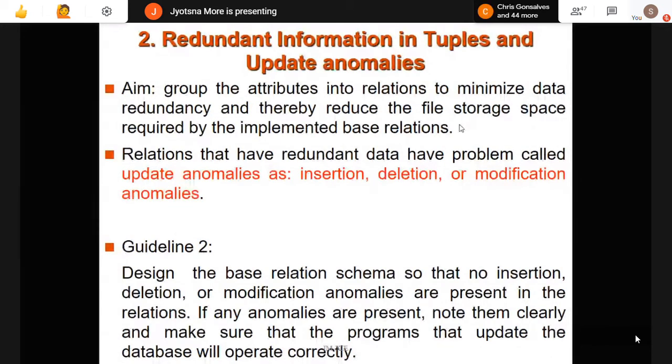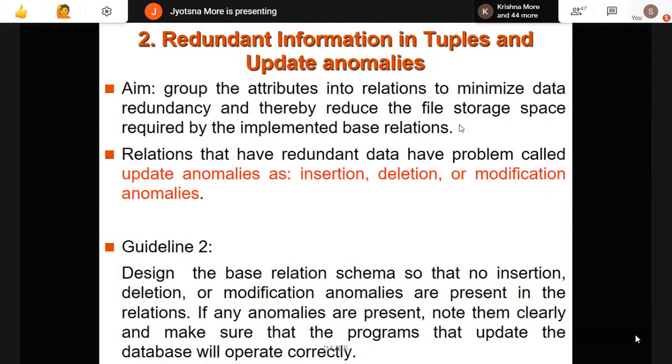Suppose I want to find the location of a particular employee, so I add location, and second I add an attribute called place. Here I am putting the same information for that employee. So redundant information will create the problem of update anomalies.